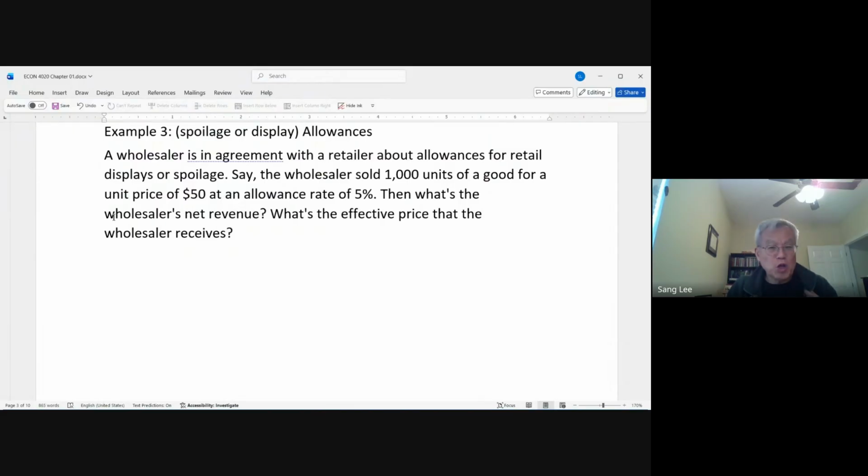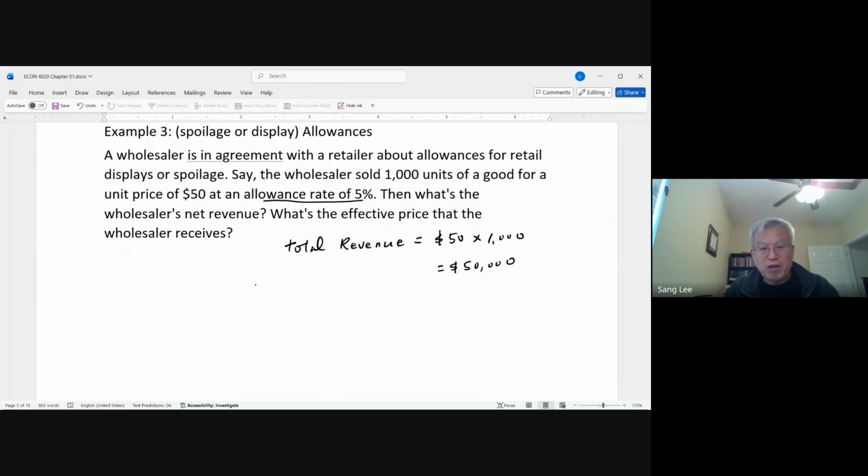So if there was no allowance, when you sell 1,000 units for a price of $50, the total revenue will be price $50 times 1,000 units, so it'll be $50,000. But it comes with an allowance rate of 5%, whether it's display allowances or spoilage allowances.